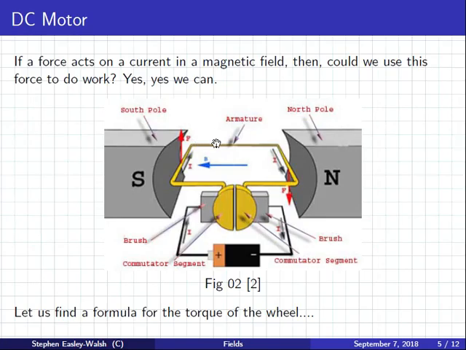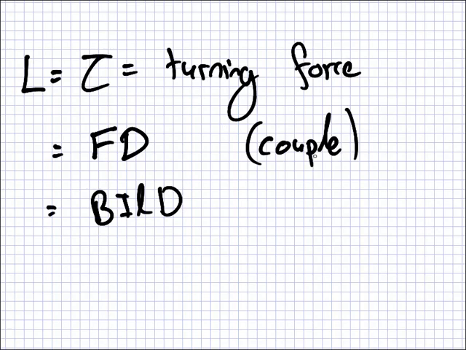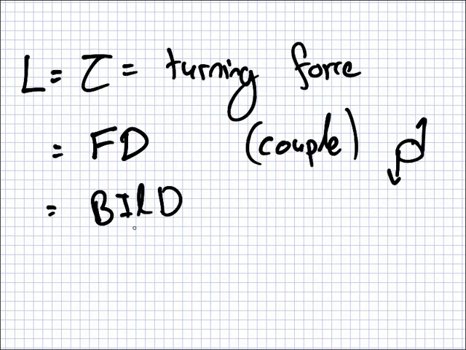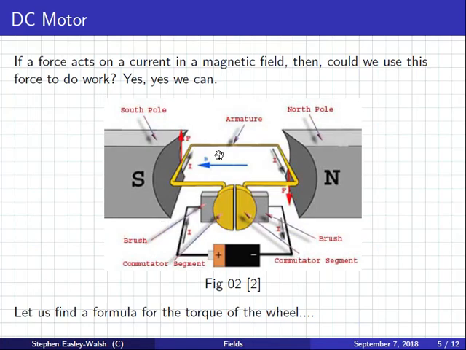So this is L and this is D. Do you remember couple? FD, when there's two. We called it a couple. But LD is area.